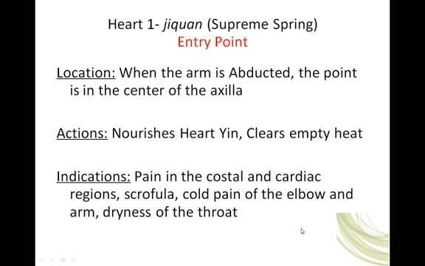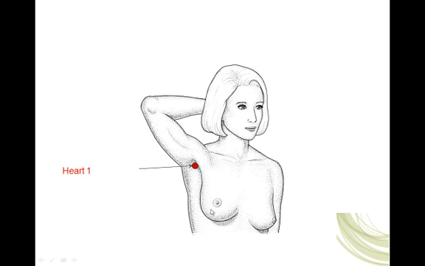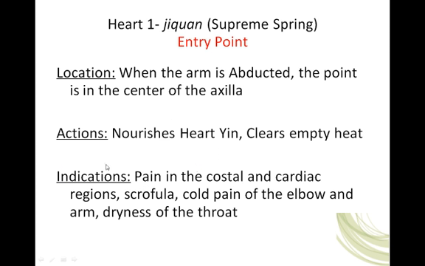Heart 1. Jiquan, supreme spring. When the arm is abducted, the point is in the center of the axilla. So we can see, right, the arm abducted, taken away from the body, and the point in the center of the axilla. Actions.